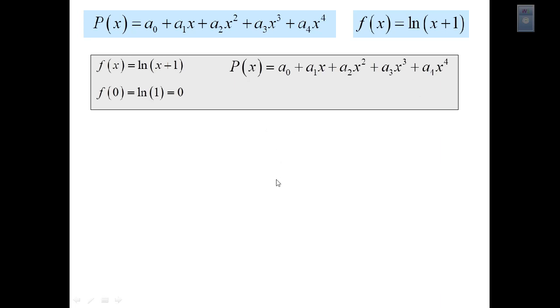Now, in our polynomial, p of 0 would equal a sub 0, because if x is 0, all these other terms cancel out and we're only left with that constant. So if we want to approximate with our polynomial, when f of 0 is equal to 0, then a sub 0 must be equal to 0.